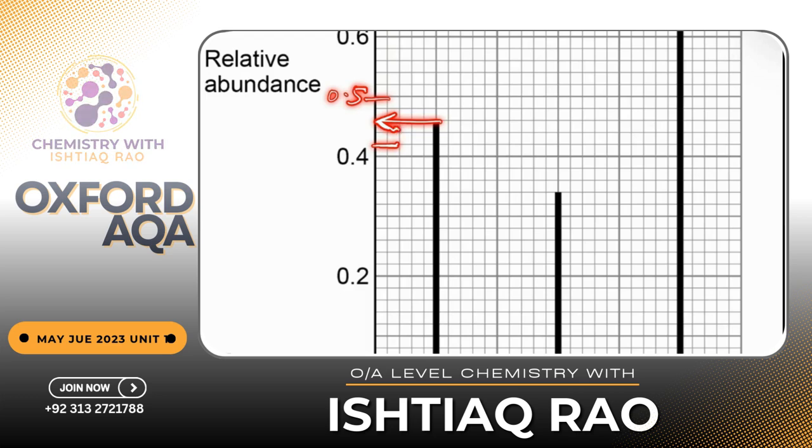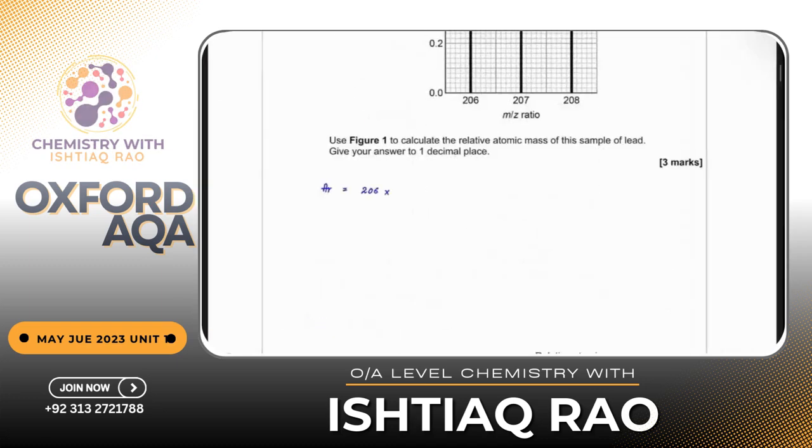Is that exactly halfway? It's not exactly half, so it is going to be 0.42, 0.44, 0.46, 0.48, 0.5. So I can say it's 0.46.